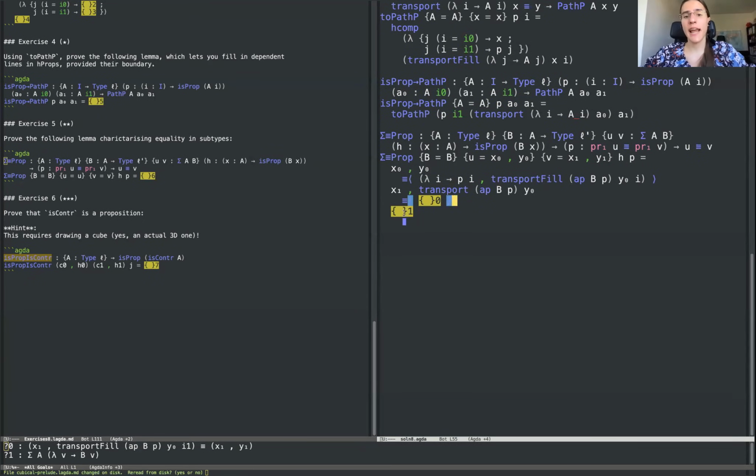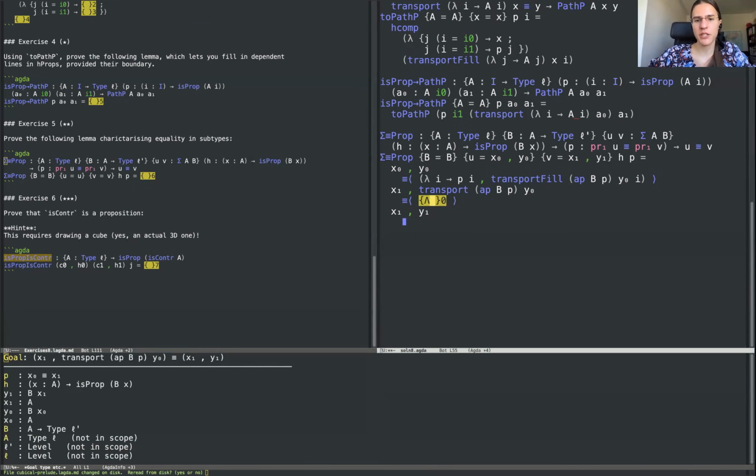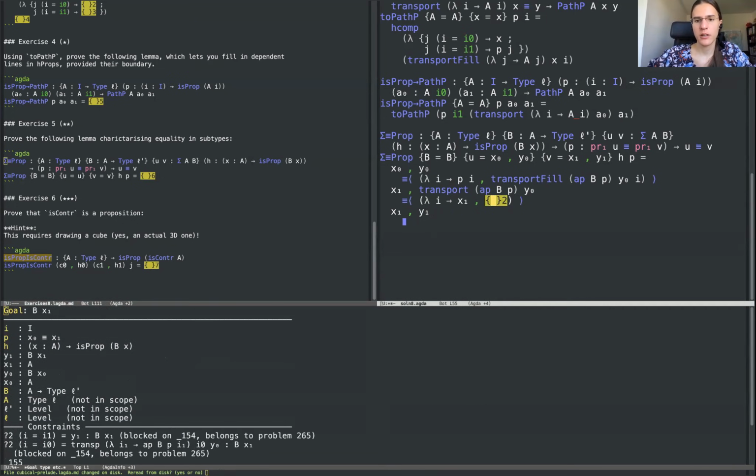Now what I have is a proposition. So I want to show that this is equal to X1, Y1, right? So how do I connect these two components? Well, on the first component, I don't have to do anything. And on the second component, I have a proof that something is a proposition.